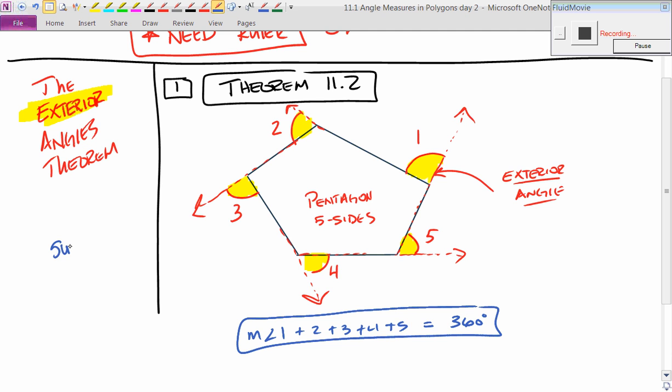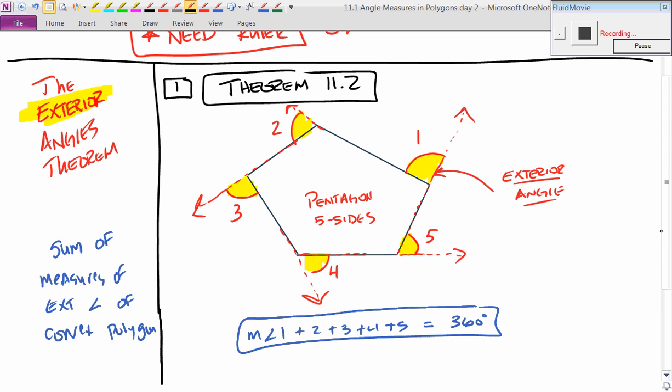So we're talking about the sum of the measures of the exterior angles of a convex polygon will always add up to 360 degrees, no matter what the polygon is.